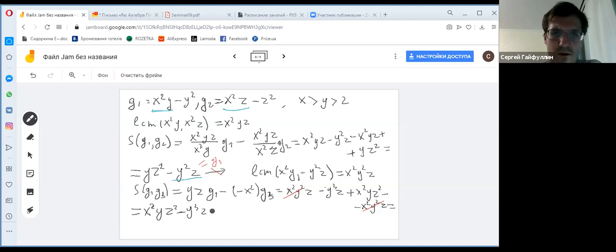So now I just try to reduce it by my three polynomials. For example, I want to choose this term and reduce it by the first polynomial.